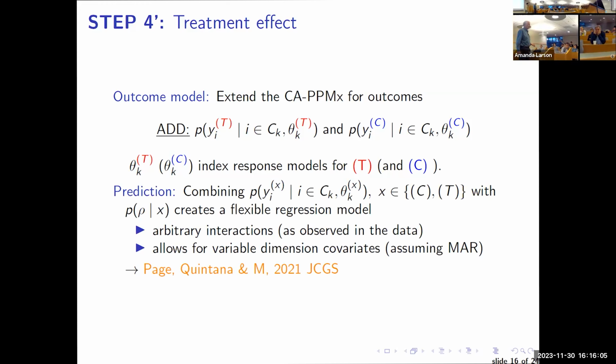But doing a regression with a variable dimension covariate vector, there's no canonical solution. There are all kinds of workarounds, but really no canonical solution. In principle, when you teach Stat 101, you always assume that you have the full covariate vector for everyone. If you don't, then you have to impute it or do some fancy dancing. This creates an approach to do regression with a variable dimension covariate vector without imputing missing data. And I thought it's a nice story. End of that footnote.